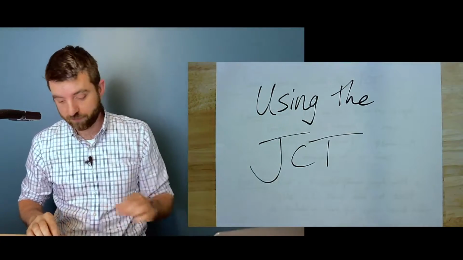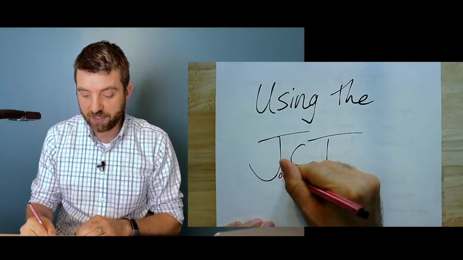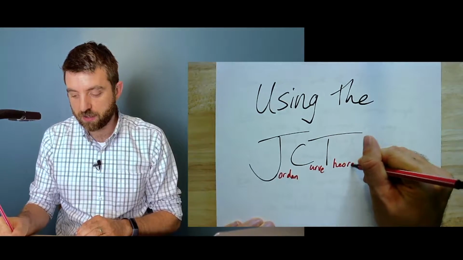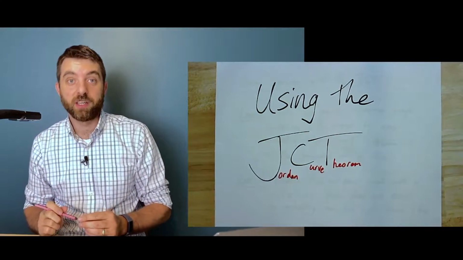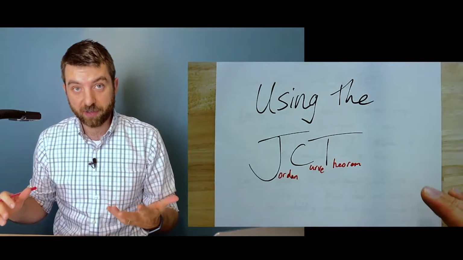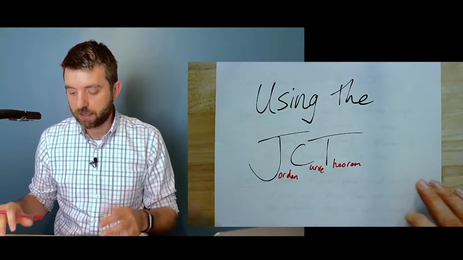Okay, we're going to talk about using the Jordan Curve Theorem. All right, so the JCT, Jordan Curve Theorem. This is going to be a really powerful tool for reasoning about the faces in a planar graph.